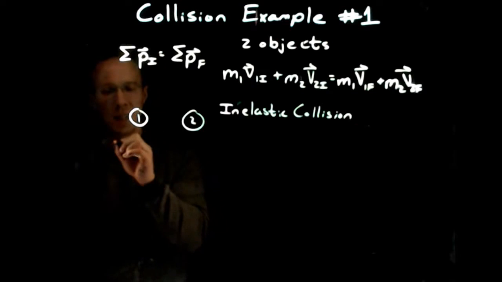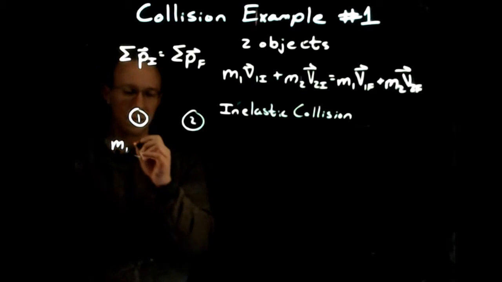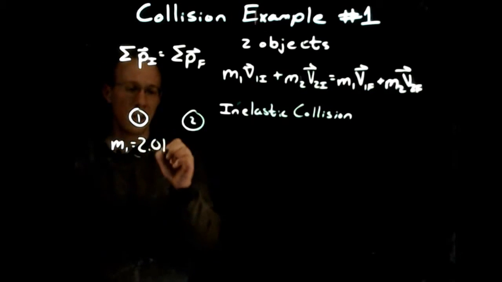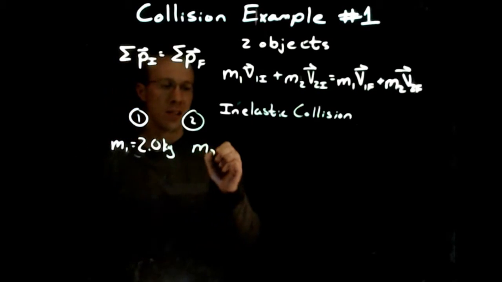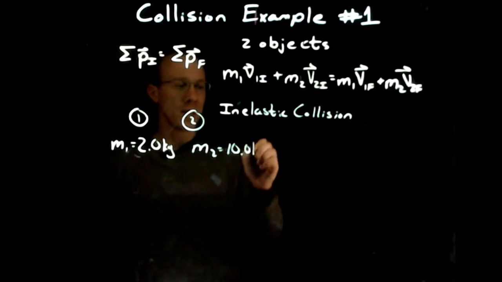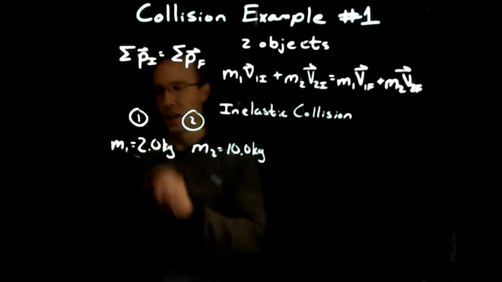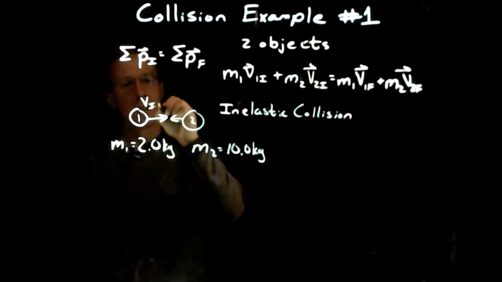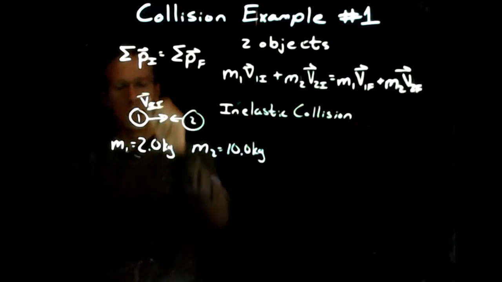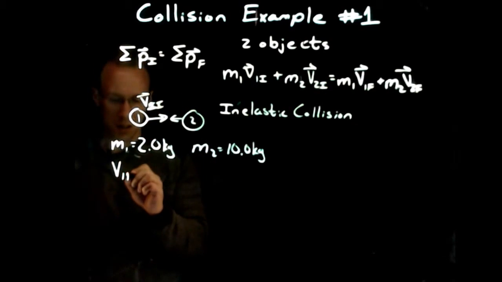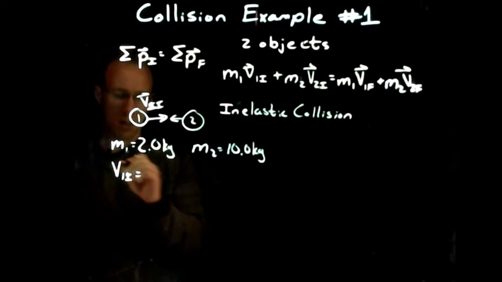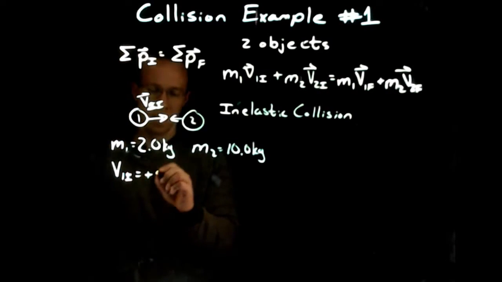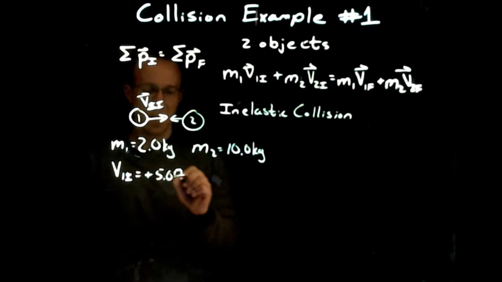So we're going to give mass 1 a mass of 2.0 kilograms. We'll say mass 2 is 10.0 kilograms. We'll say the initial velocity V1I is going to be equal to positive 5.0 meters per second.